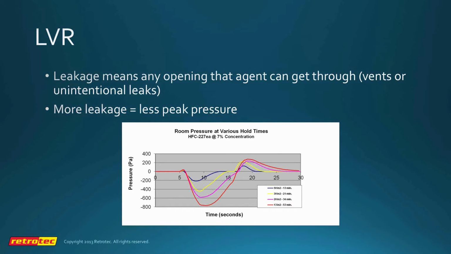And it's also dependent upon humidity. So the drier the enclosure is, or the drier the air is that the agent is discharged into, the more the negative pressure pulse. And we can use our software to play around with humidities and see how that affects it.